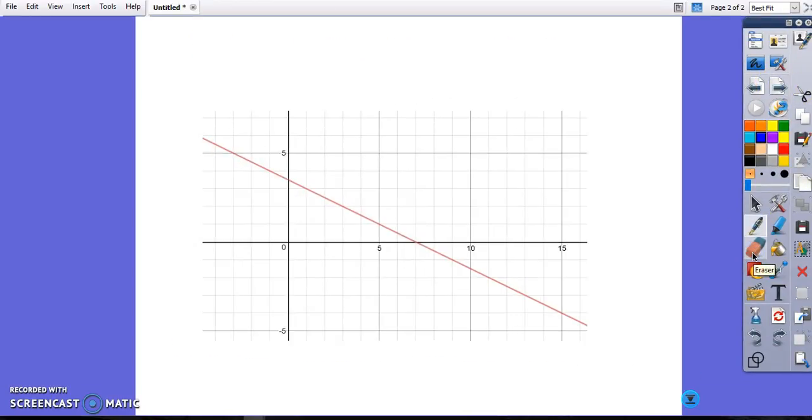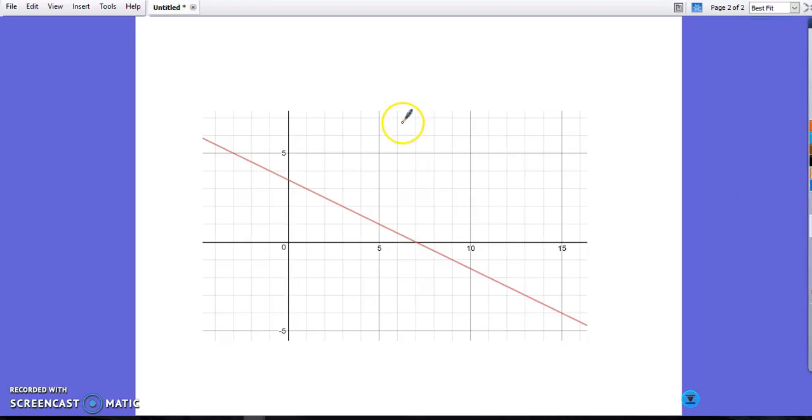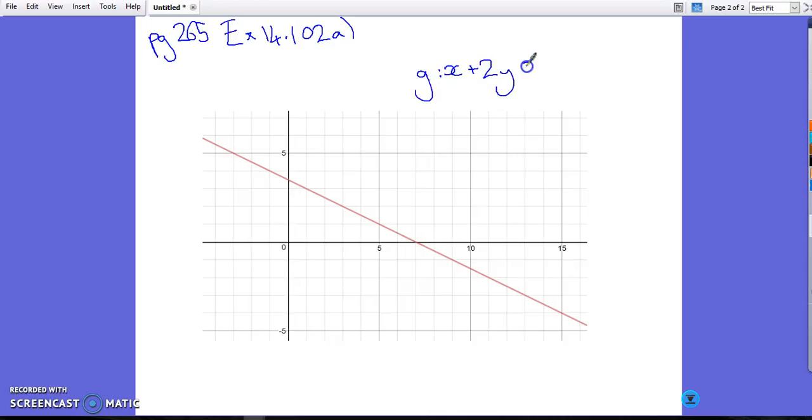I've got here a coordinate system. This is the graph that you're asked to look at on page 265, exercise 14.102a. So this is the line G, x plus 2y is equal to 7. And you can see here the point 5, 1 lies on that line, for example.